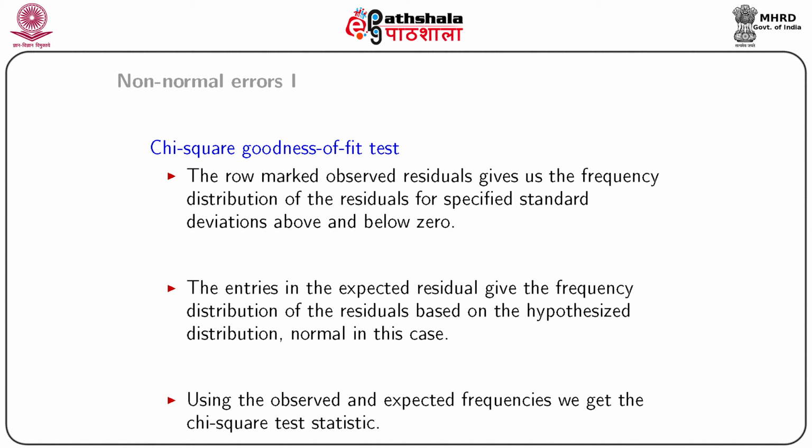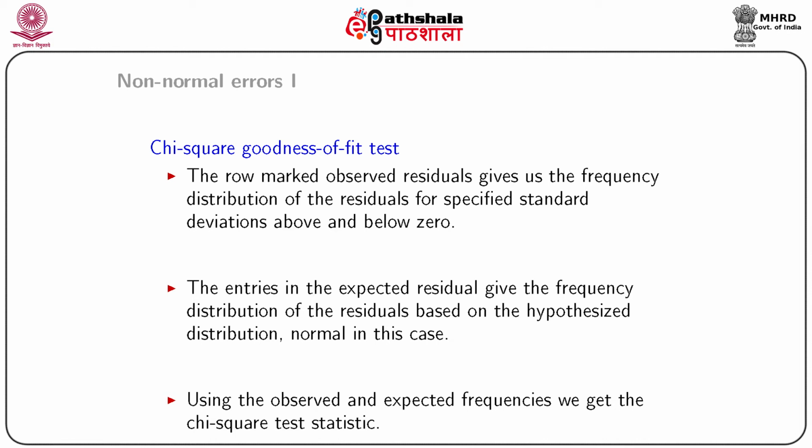If the reader remembers, for a chi-square test of goodness of fit, the test statistic is given by the summation over i equals 1 to n, where n is the number of observations, of (Oi minus Ei) squared divided by Ei. So for each of these observations, we take the observed frequency, from this we subtract the expected frequency, take the square of this difference and divide it by the expected frequency.